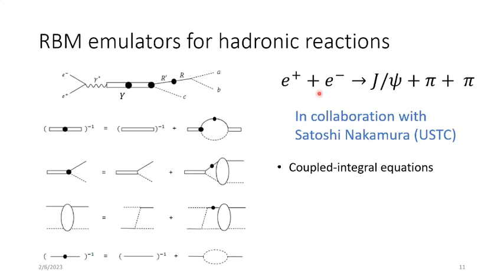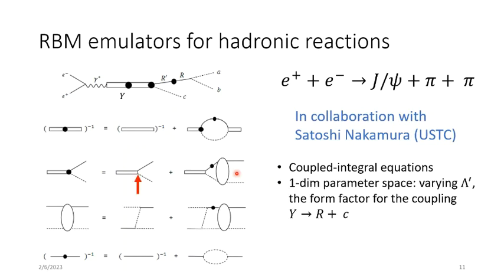For example, we were exploring its application in electron-positron collider physics for heavy quark systems. Again, you have different models, using either quark degrees of freedom or hadron degrees of freedom, but eventually the model is centered around some sort of equation system. The idea is to apply the RBM general principle to seek emulation for those equation systems.